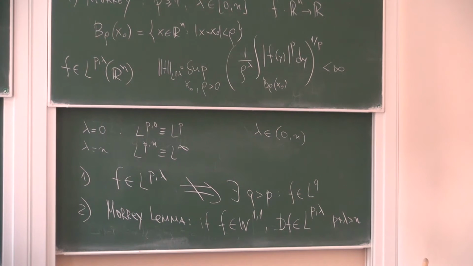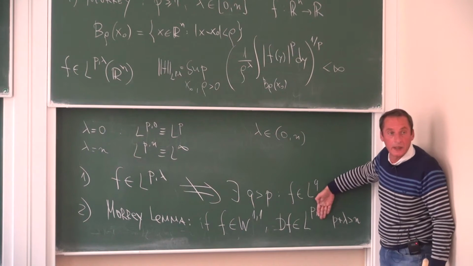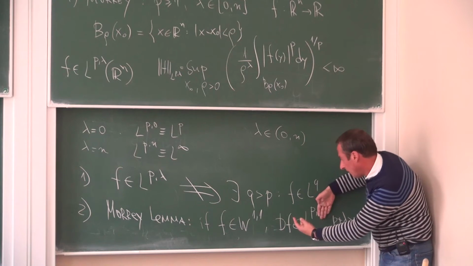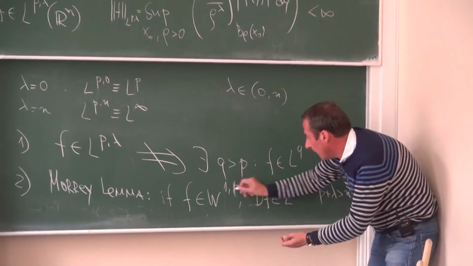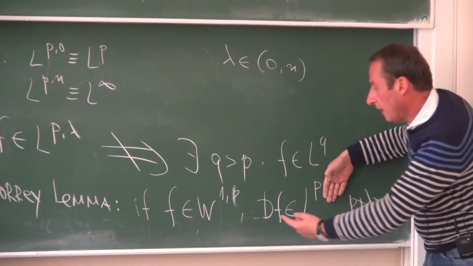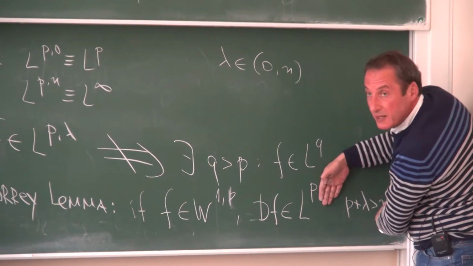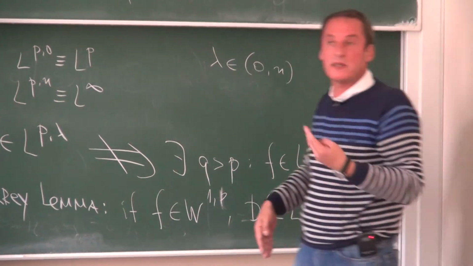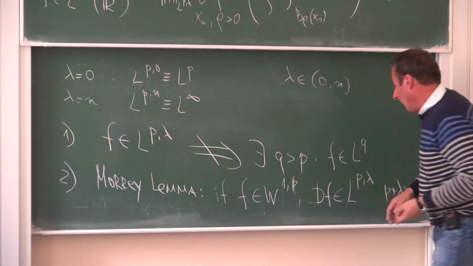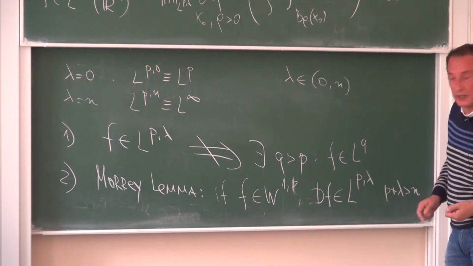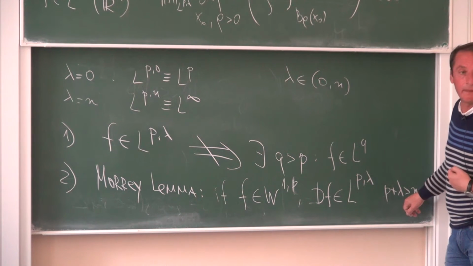So think for a moment of the classical case of Sobolev embedding. Forget, for example, this lambda. If you have a function from the Sobolev space W^{1,p} with p greater than the space dimension n, then the function f is Hölder continuous, okay? With Hölder exponent which equals exactly 1 minus n over p.